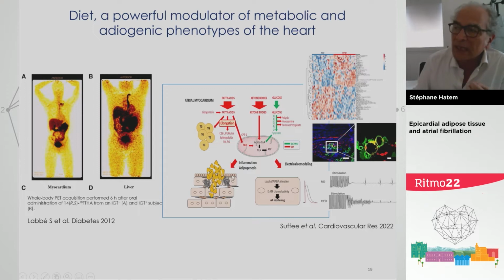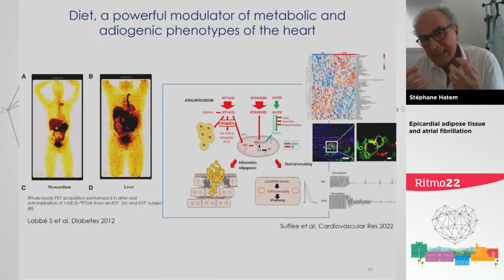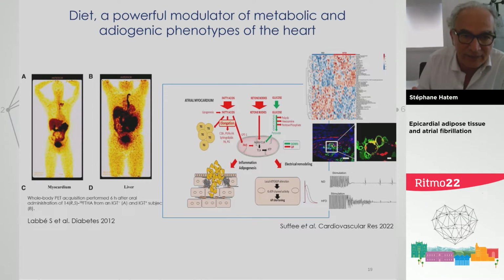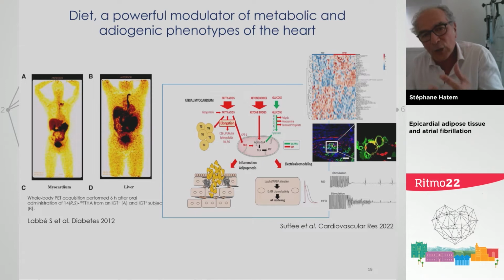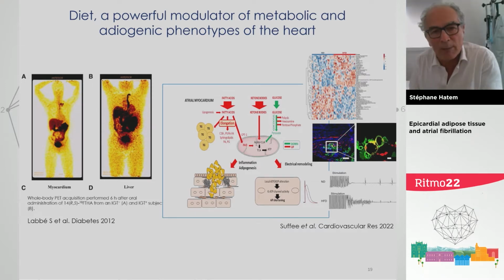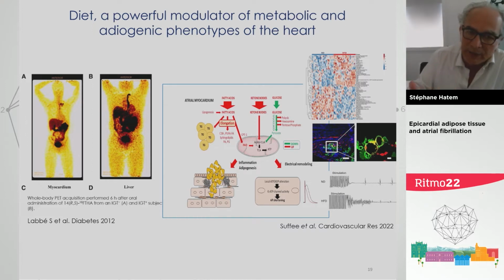What we found is that when the capacity of the myocardium to metabolize this excess of dietary fatty acid is exceeded, it accumulates fat through an elongation process, and among this accumulation, it generates adipocytes. So metabolism is probably one important target, very upstream in this accumulation of adipose tissue, explaining also why obesity is associated with high-fat diet and increased risk of atrial fibrillation, although it's probably not the only mechanism.